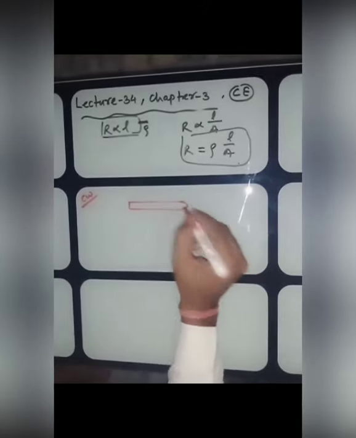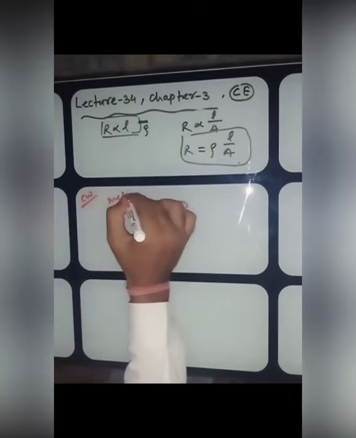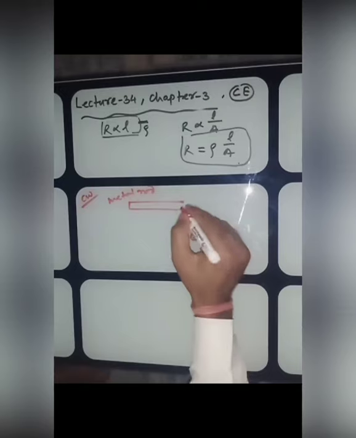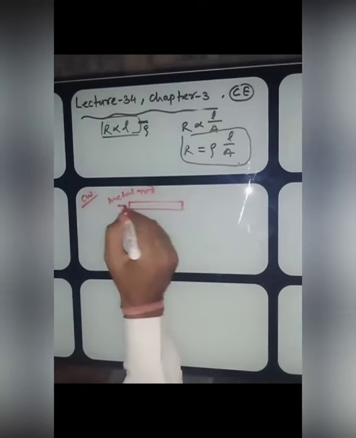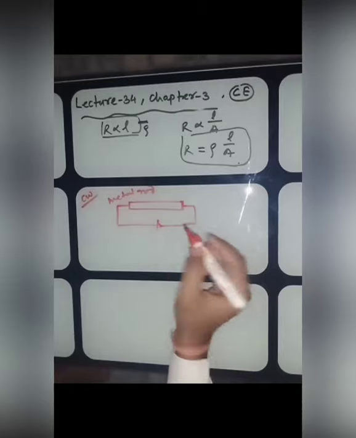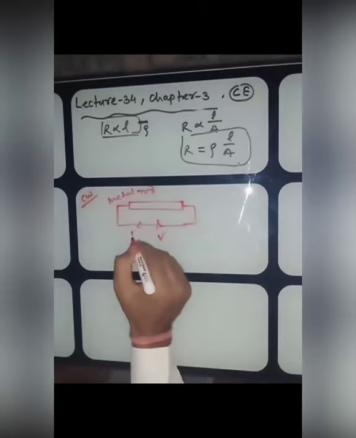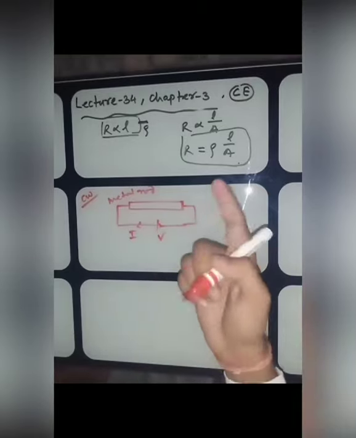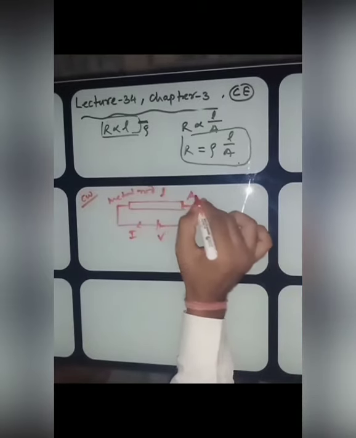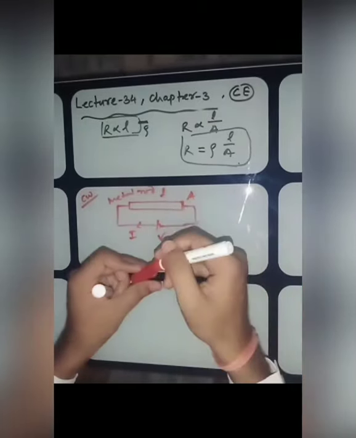This is the metal rod, connected with a battery of voltage V, and it establishes a current I ampere. The length of the conductor is L, cross-sectional area A. I hope you got it.